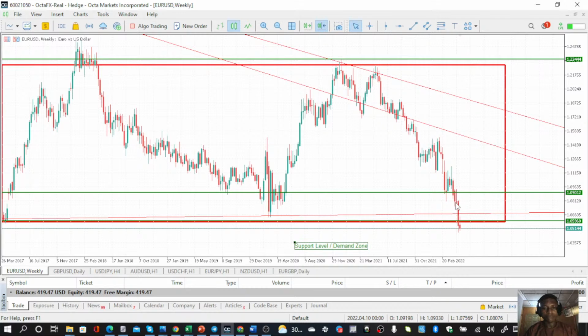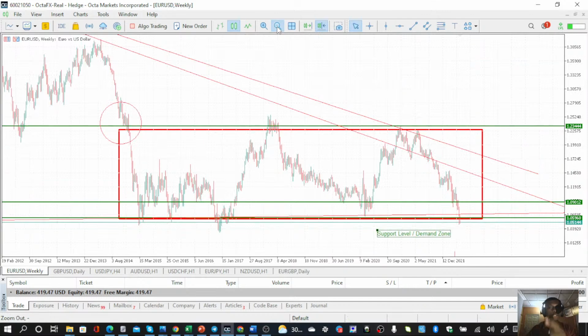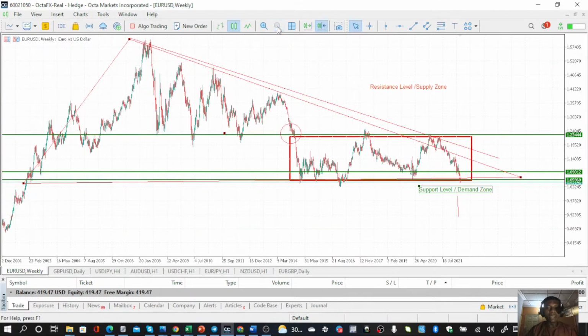We are going to take that sell opportunity. But like I used to tell you, don't take a trade without determining the stop loss and resistance level.